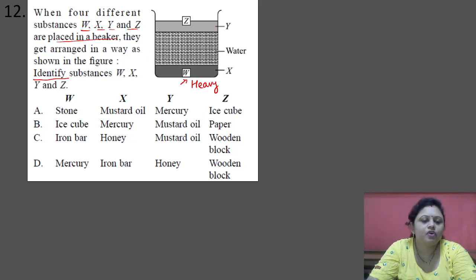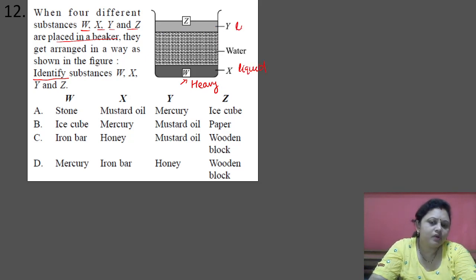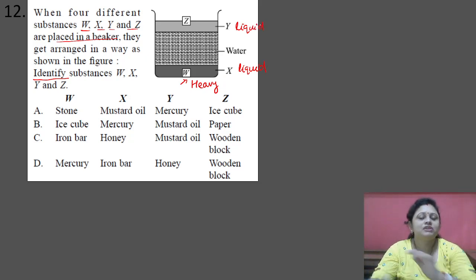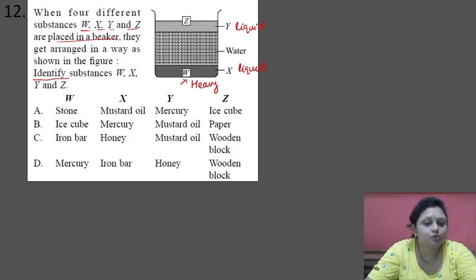Y is forming the upper layer. That means X is a liquid substance which is comparatively heavier, and Y is a liquid substance which is comparatively lighter. That's why they are forming layers. Then Z is floating in water, so we can say it is the lightest substance.